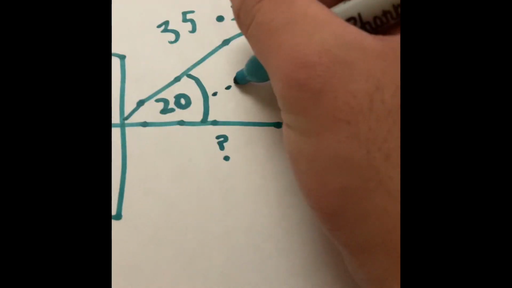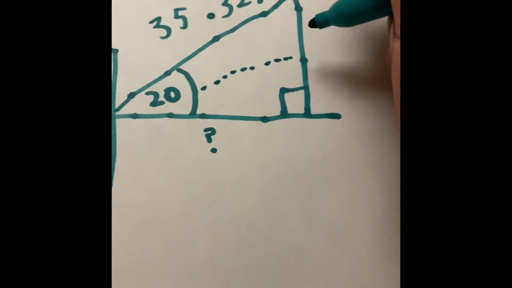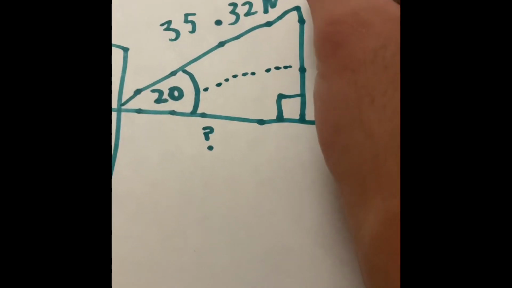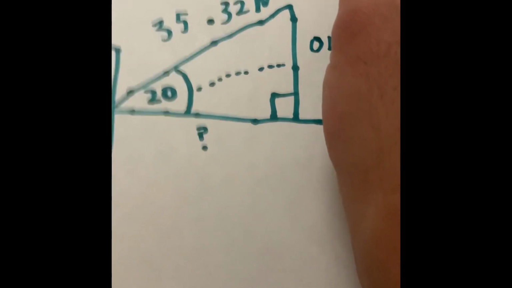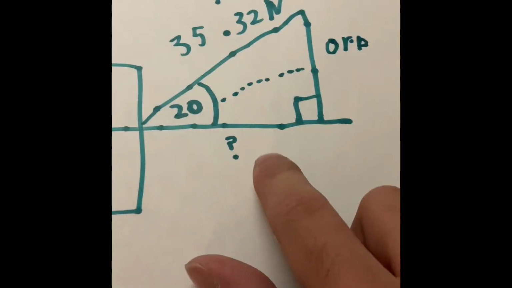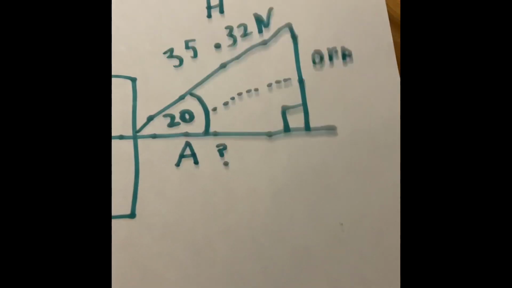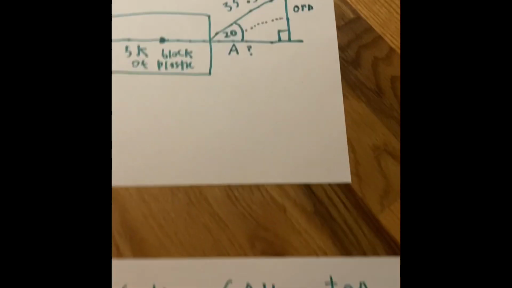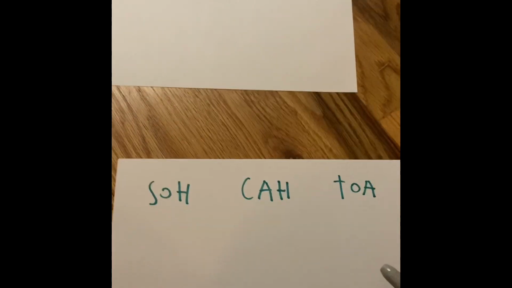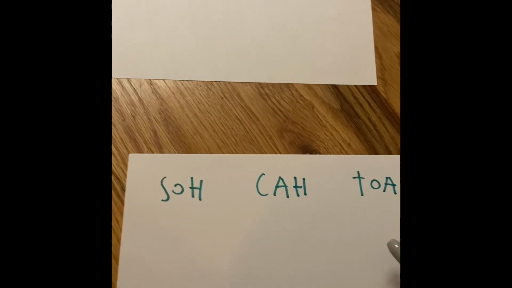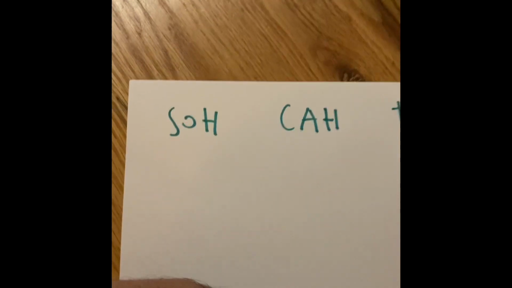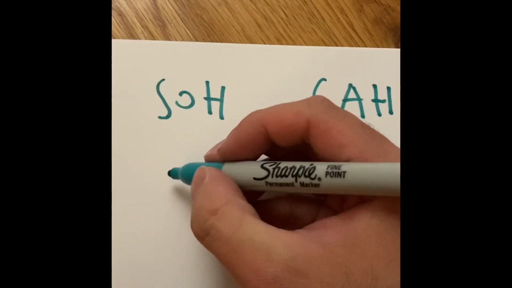The opposite is the side opposite the angle, right here. And that right there has to be the A, the adjacent. Which of the 3 contains a hypotenuse, an angle, and the adjacent we need to find? Yes, we have to use the cosine.